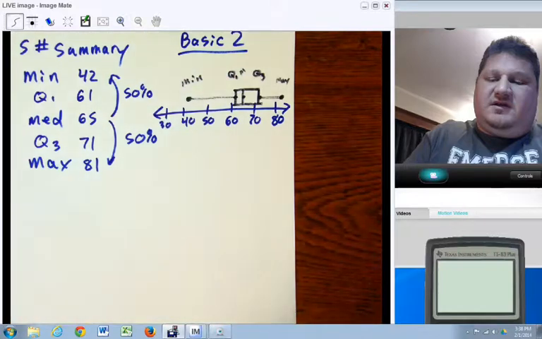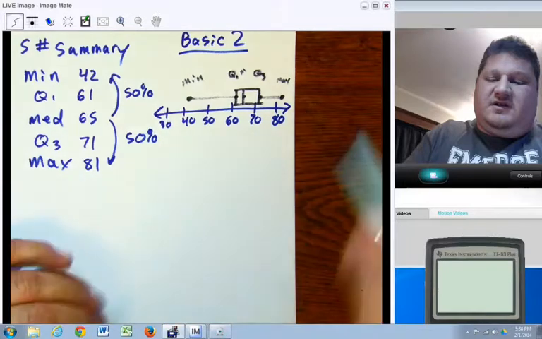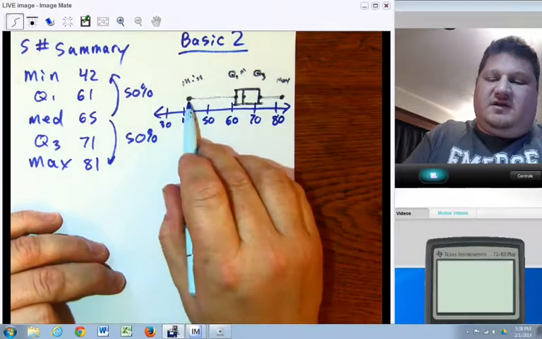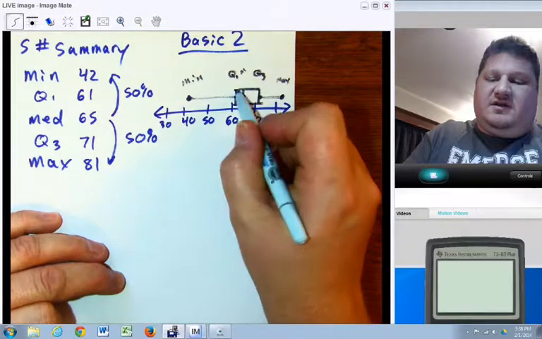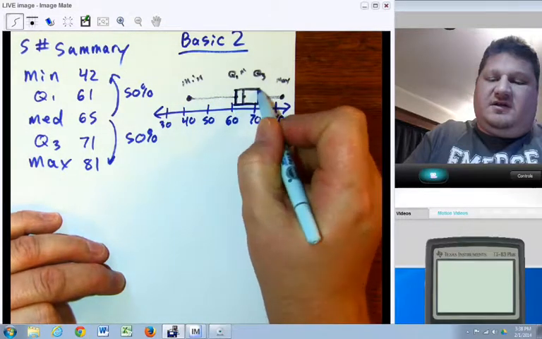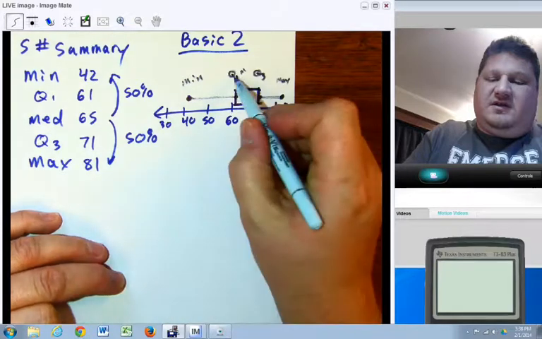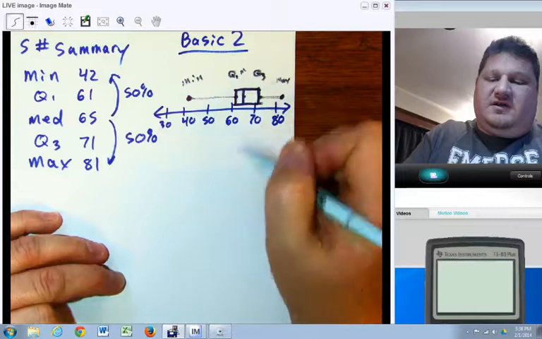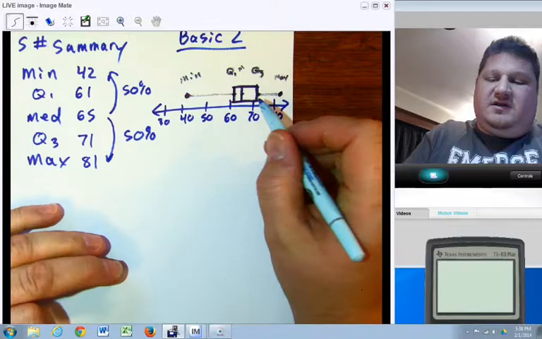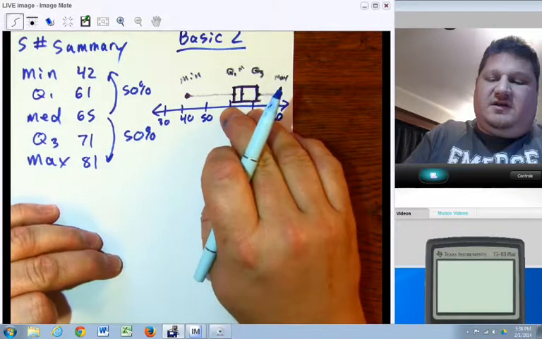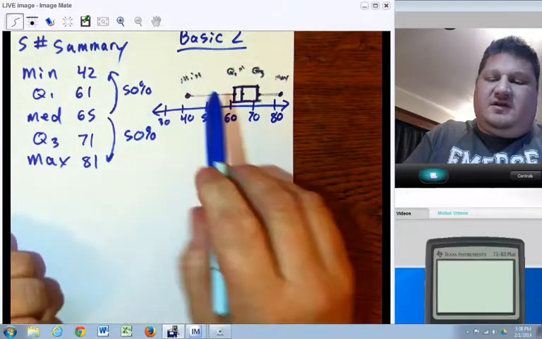Now, what this does is clearly show that our data is bunched up. We have very low values, we have high values, but most of our data fits inside this box. In fact, half of the data, remember, the second quarter and the third quarter, are in the middle. 50% of our data happens to fall between those two values. Our top moves up and our bottom moves down here, way down low.